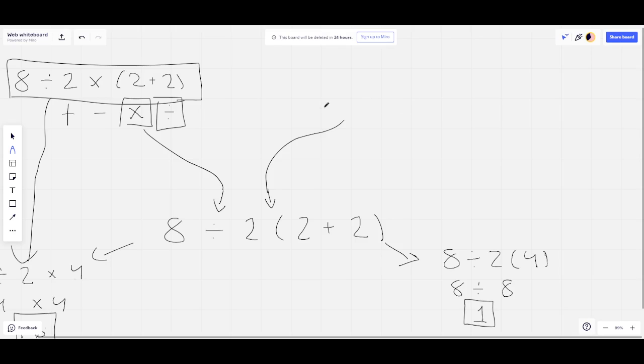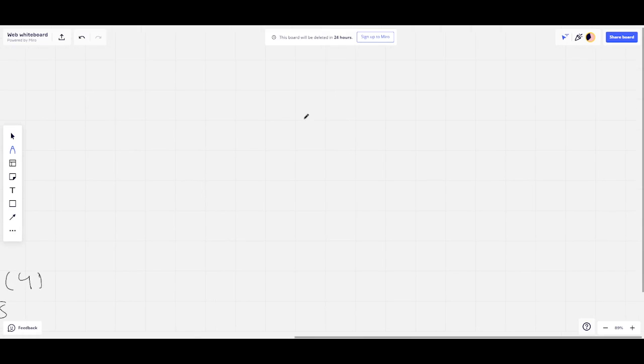Because, well, the most common variable to use is x. So you could have something like 2x plus 5 equals 15.